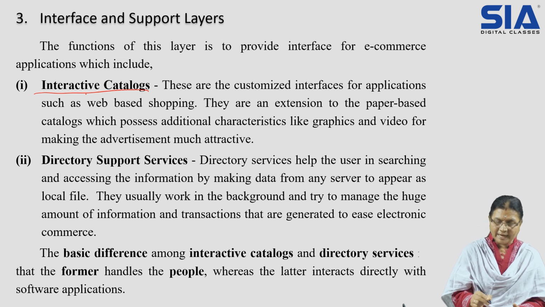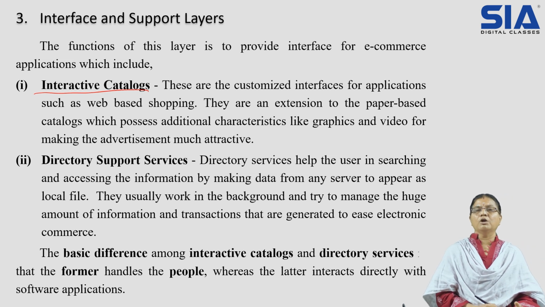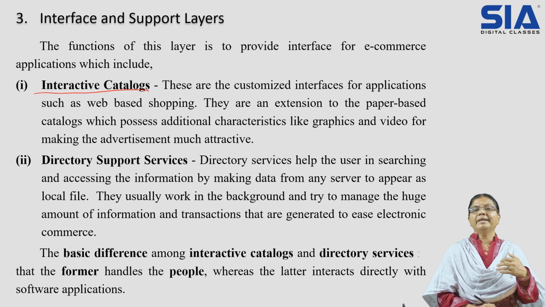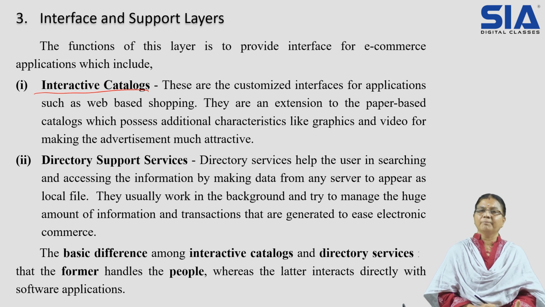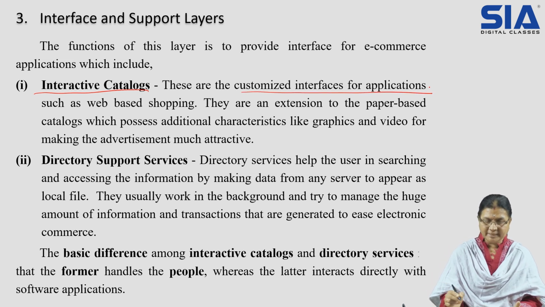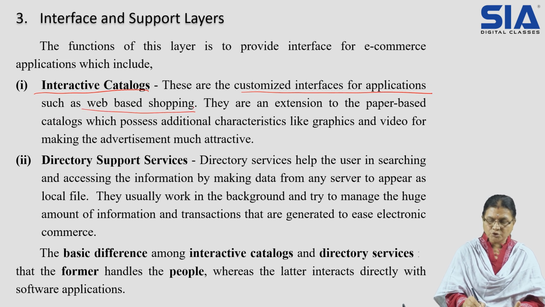So an interactive catalog is something we can also browse. For example, when we open any website related to services, immediately we get a message, how can I help you? That means they immediately try to connect with us and help us by providing the information. So these are customized interfaces for applications such as web-based shopping.